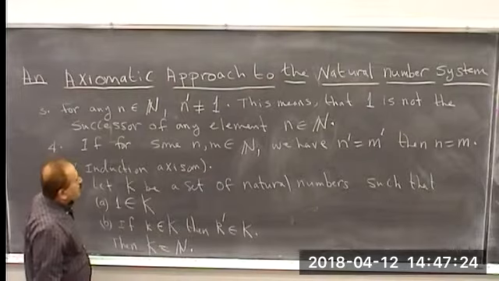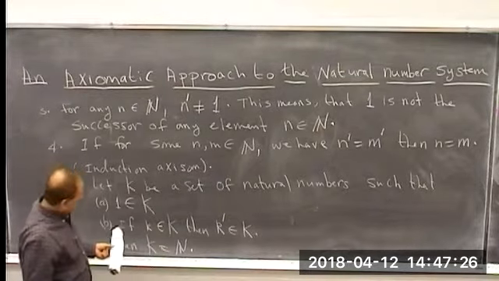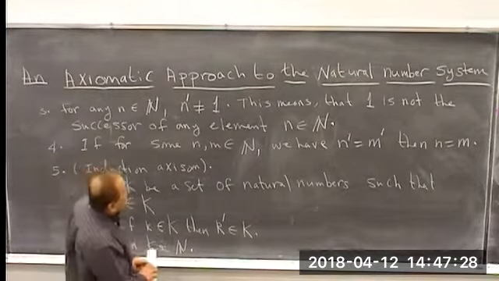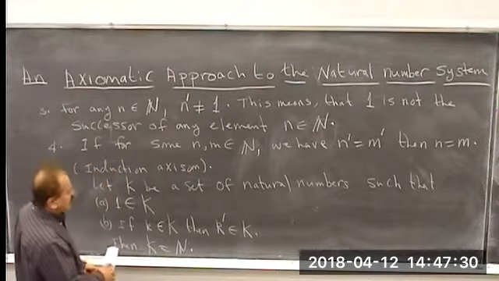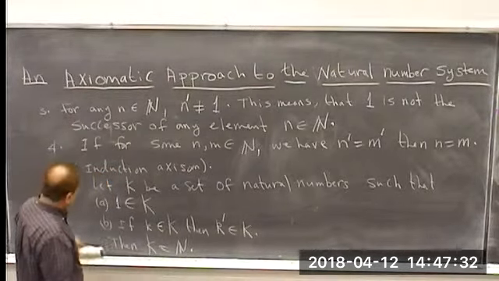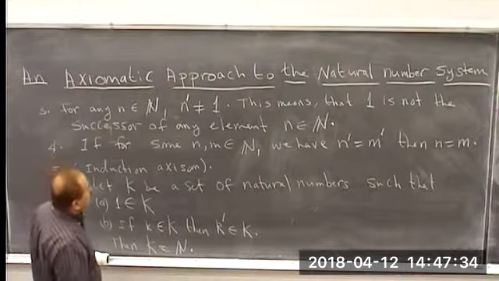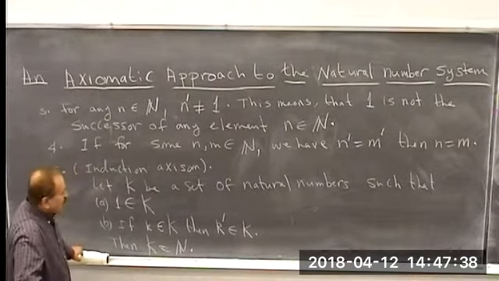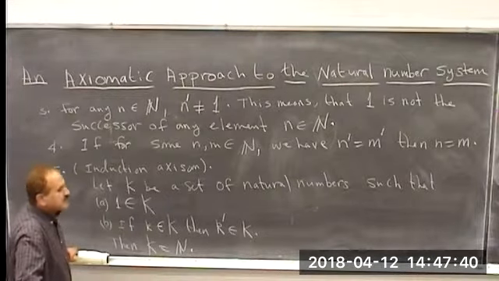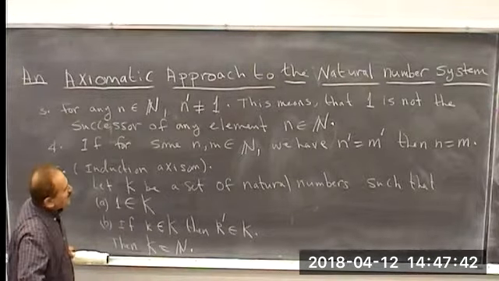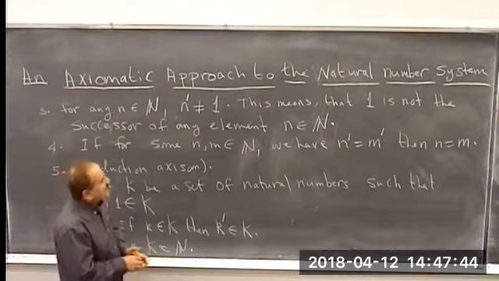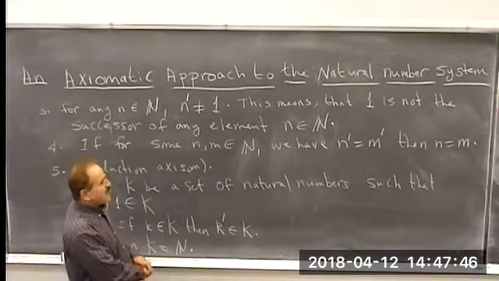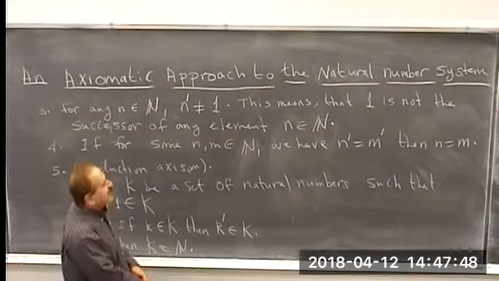All right, let me first of all reconsider the second axiom, which says that for every natural number there is a successor. Well, from our experience, and because we don't know any better, it means that n prime is equal to n plus 1.